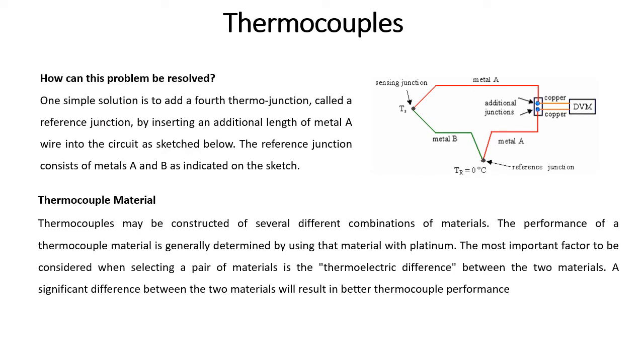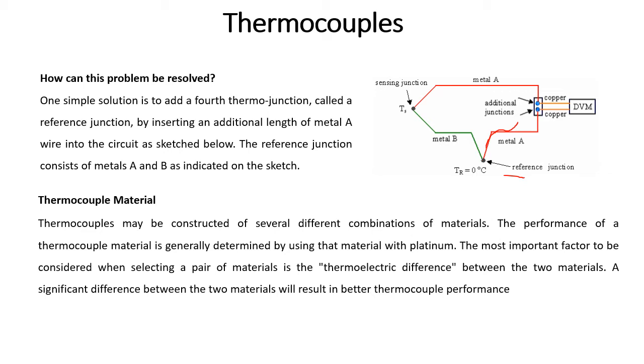One simple solution to this problem is to add a fourth thermojunction called a reference junction by inserting an additional length of metal A, like this wire, into the circuit as sketched below. The reference junction consists of metals A and B as indicated on the sketch. So what happens is that your metal A here is again connected here.